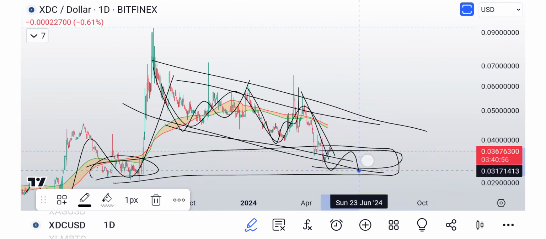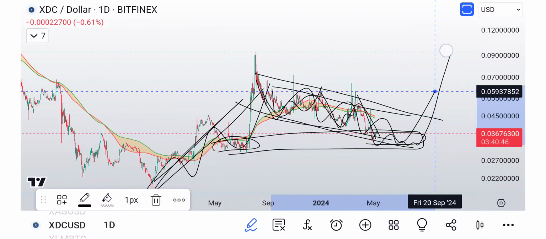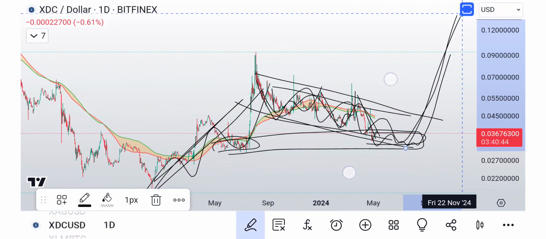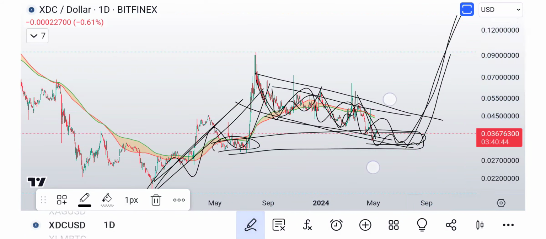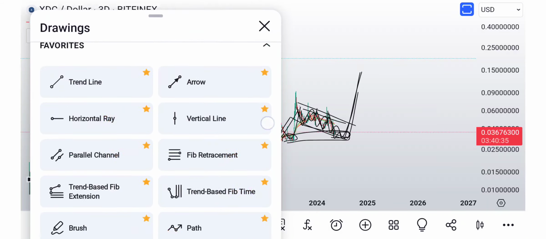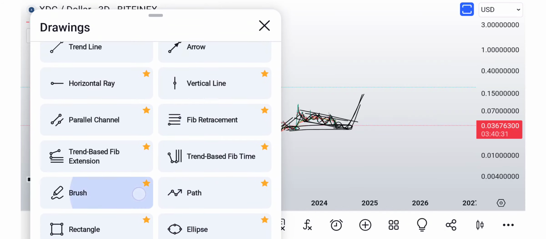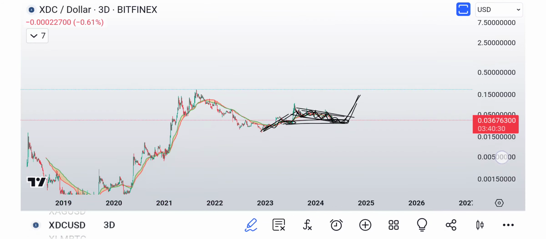We have this trend going up and this wavy correction going down, which usually means we're about to push back up. And that would also make sense because even if it is only a retracement, we still need a retracement. We had this huge, I made some good money, by the way, on XDC last cycle.